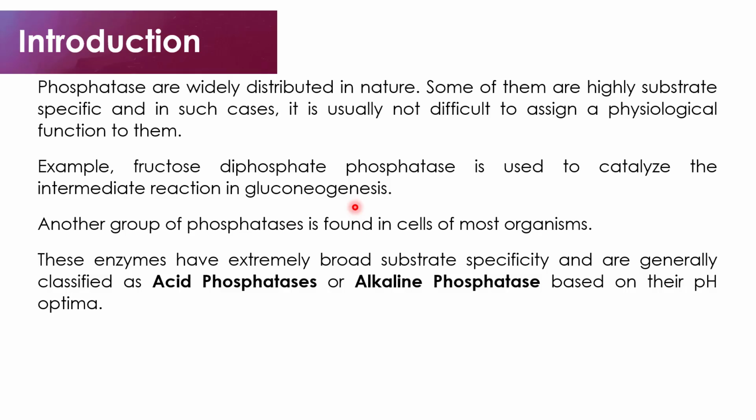Another group of phosphatases is also found in cells of most organisms, and these enzymes have extremely broad substrate specificity and are generally classified as acid phosphatase or alkaline phosphatase based on their pH optimal.